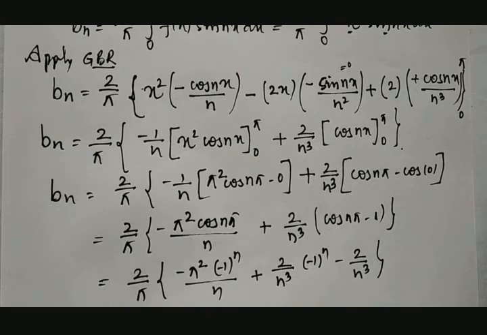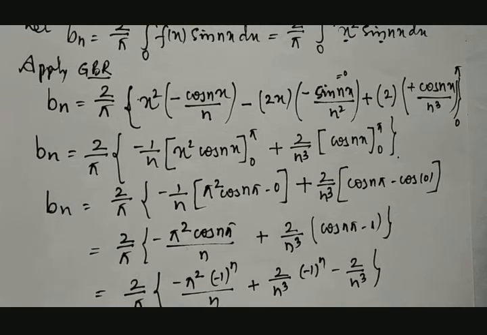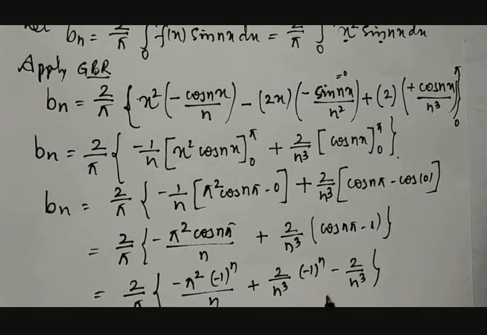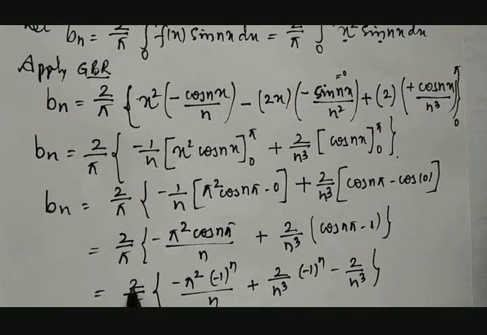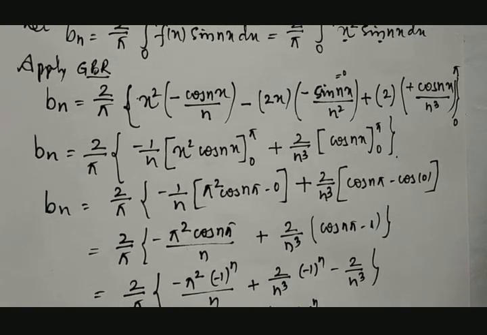Fine. From here, if you pick up the common terms and split up the terms, then it is 2 by pi into this first term, pi gets cancelled, then we will be getting minus 2 pi into minus 1 raised to n divided by n, plus from here if you take 2 into 2, it will be 4 divided by pi into n cube into minus 1 raised to n, then minus 4 divided by n cube.